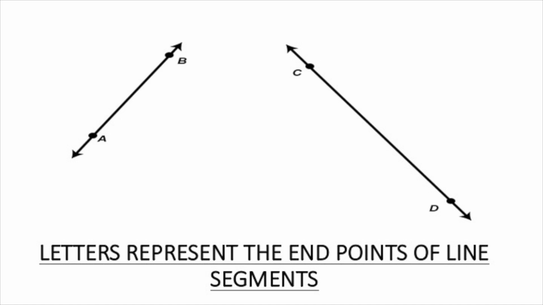We can swap them. Now these points are point C, point D. So what do we call this line? Line CD or line DC. We can change the letters around, but we have to use the letters that are marking the points.